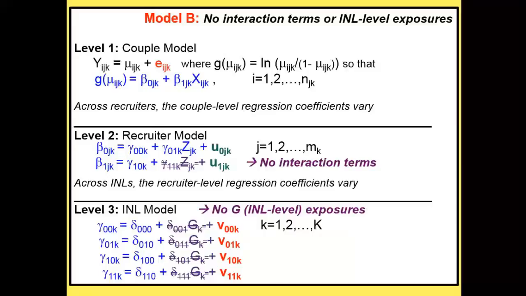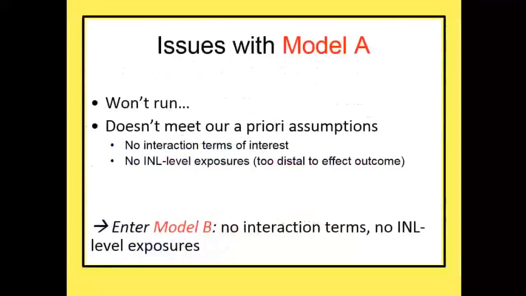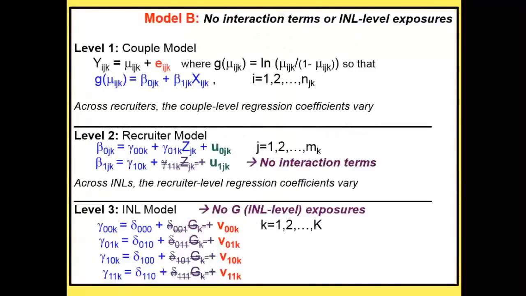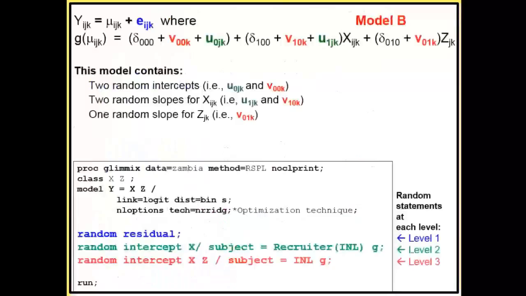Why she did that is because, as I said, no INL level exposures, too distal to affect the outcome. That's why she dropped those. She dropped the G or anything that was like a G because she felt like using an INL variable was not going to relate to whether the couple went and got tested or not. So she dropped that. Okay, she ran this model.